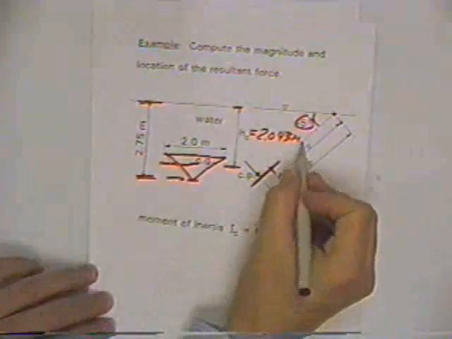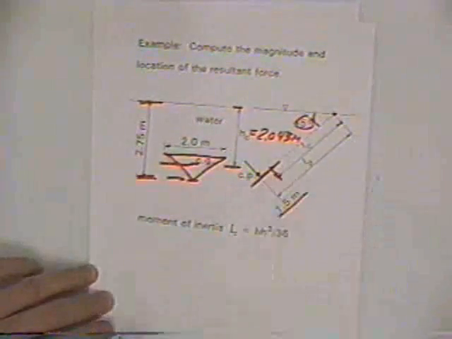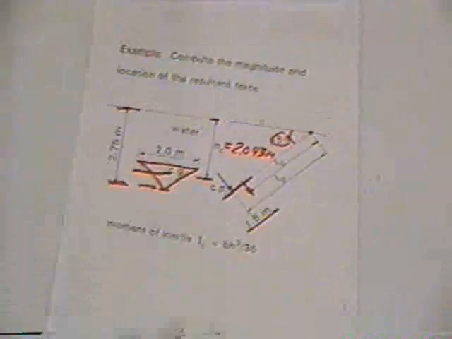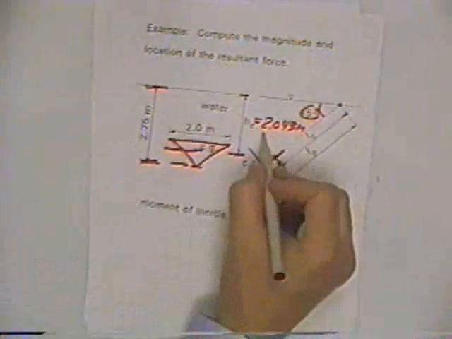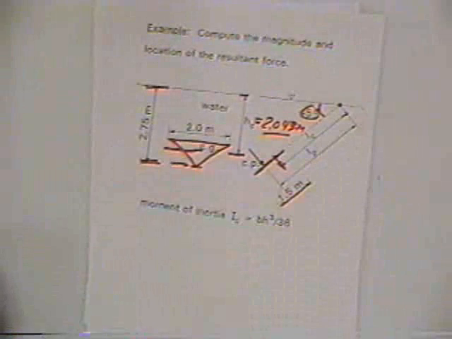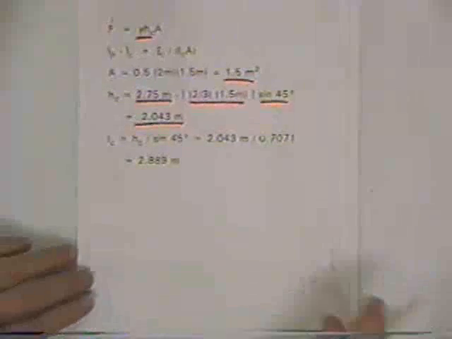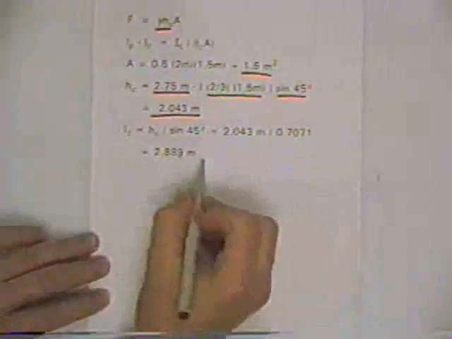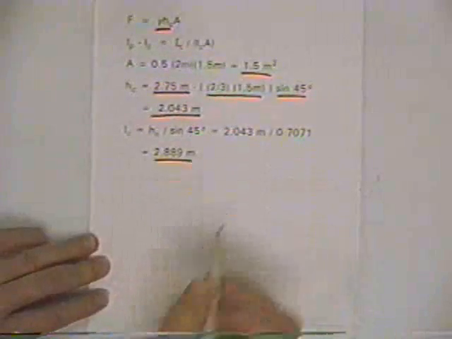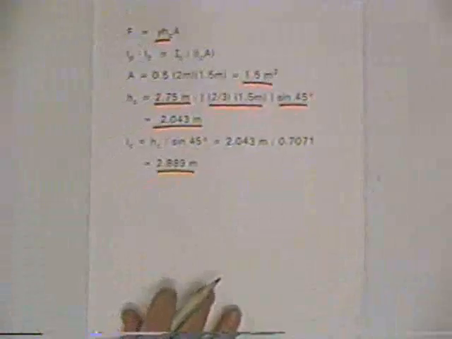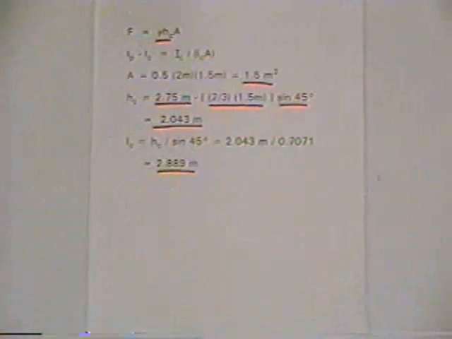Now the L sub c, if you measure along the incline, is just this number divided by the sine of 45 degrees. So you take h sub c divided by the sine of 45 degrees, you get 2.889 meters measured along the incline.